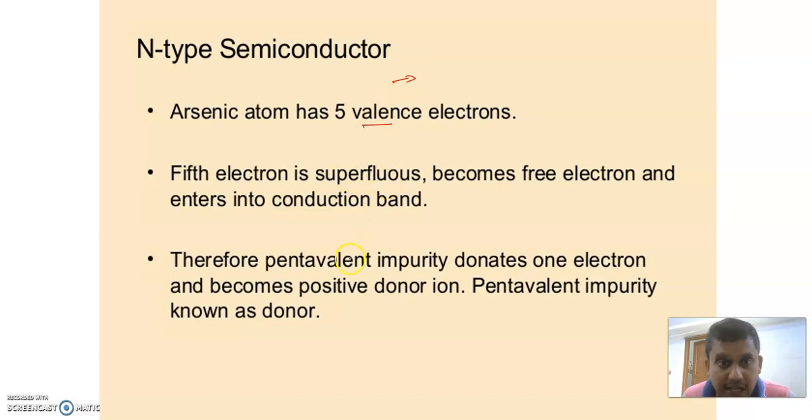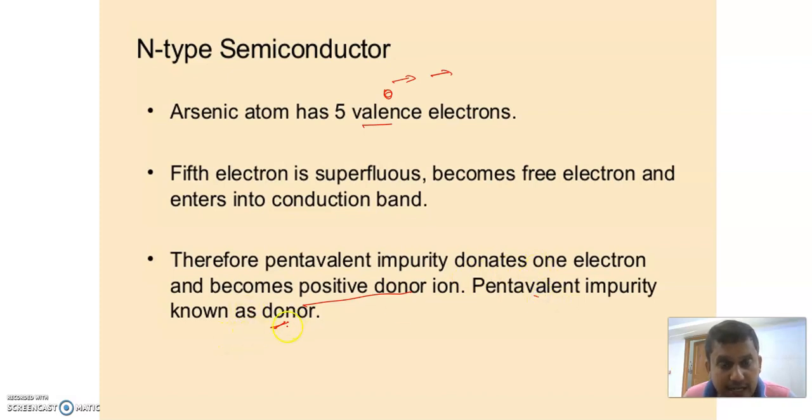That's why a pentavalent impurity is known as a donor, because 1 electron is extra. When arsenic donates 1 electron, it becomes positively charged. So the pentavalent impurity becomes a positive donor ion.